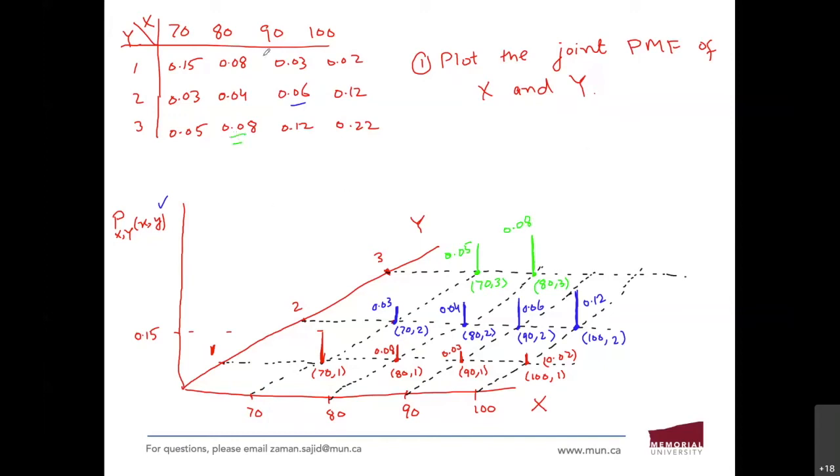Now the next one is x is equal to 90 and y is equal to 3. So x is equal to 90 is here. This is the point where they are coinciding. So I will say this is my 90 and 3. The value is 0.12.